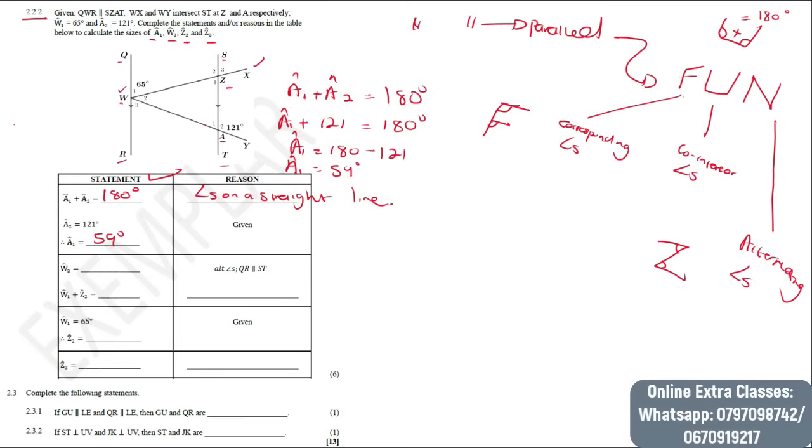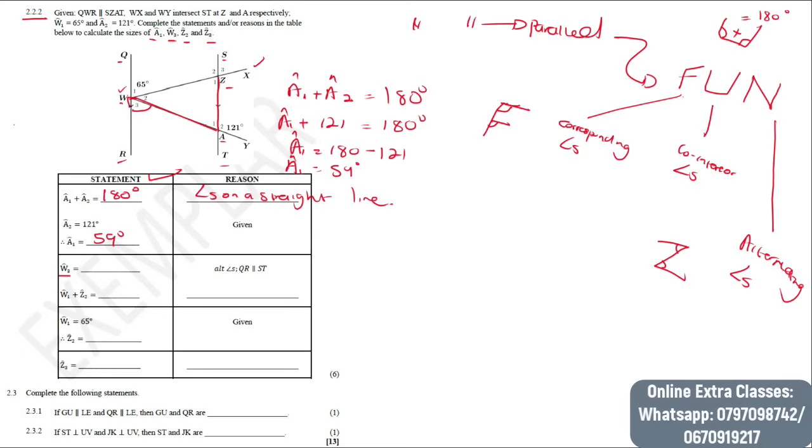Okay, so now let's move to angle W3, right? So angle W3, this is angle W3. We are told that angle W3 is equal to, let's see. If we check here, we can see that we have our Z, right? We can see that we have our N, or our Z. So there we go.